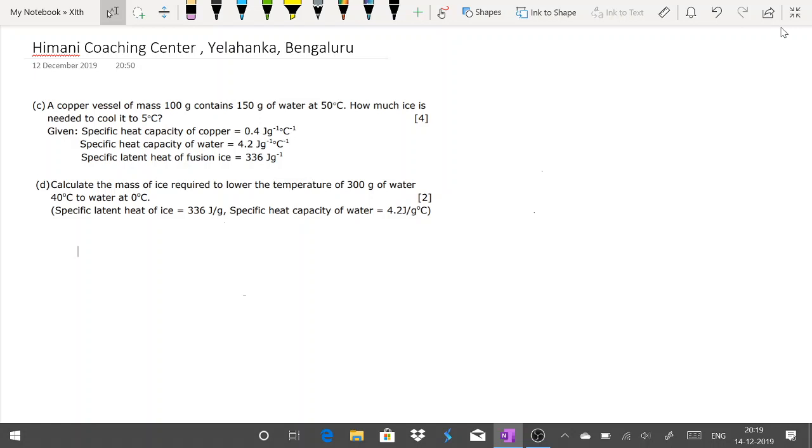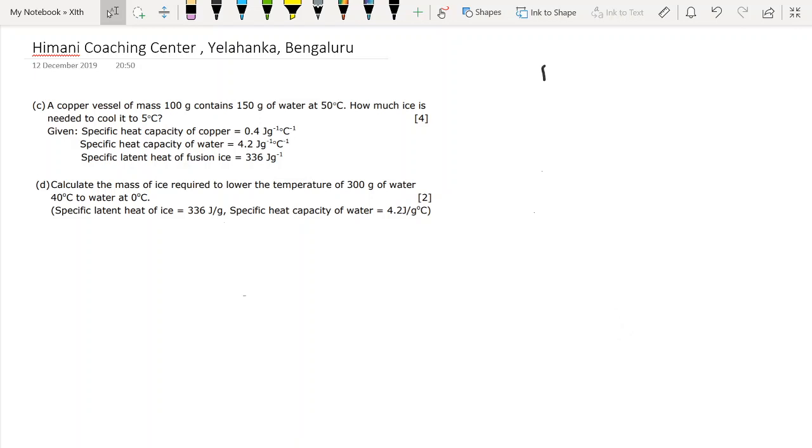Essentially there are two bodies, one hot and one cold. The hot body is at a higher temperature and the cold body is at a lower temperature. When both of them are mixed together, the heat will get transferred from the hot body to the cold body till the temperature in both the bodies is the same.